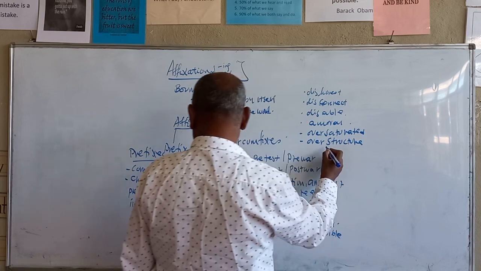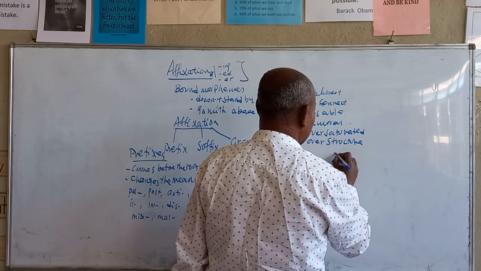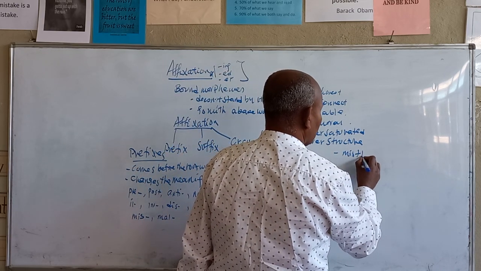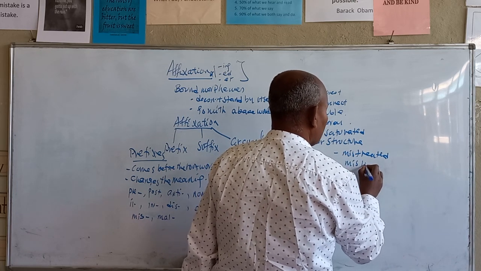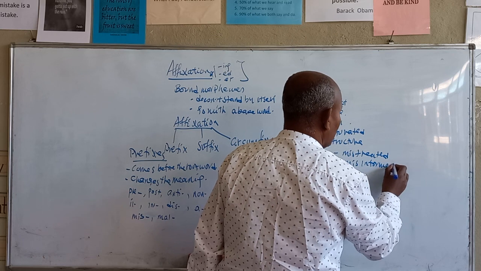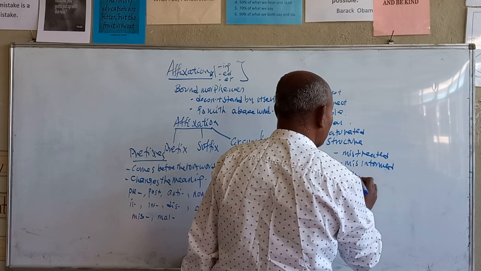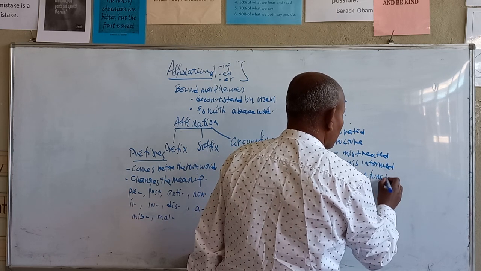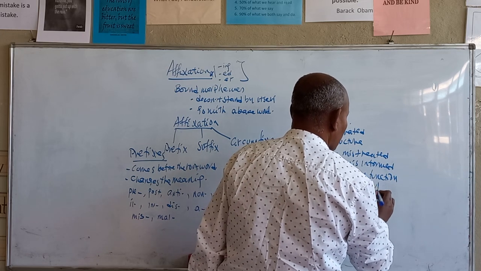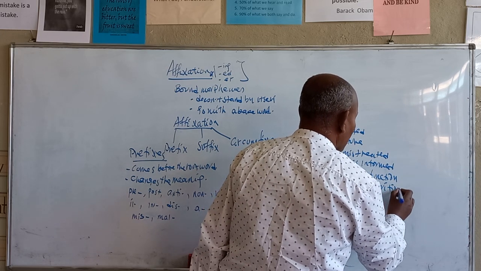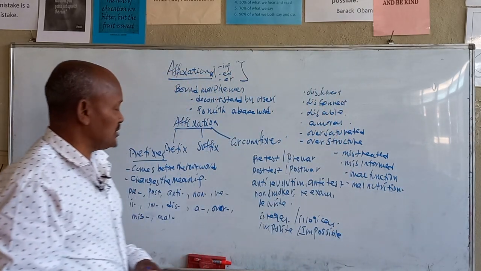And the other important ones here are mistreated, misinformed, malfunction, and also malnutrition. Look at all the examples here.